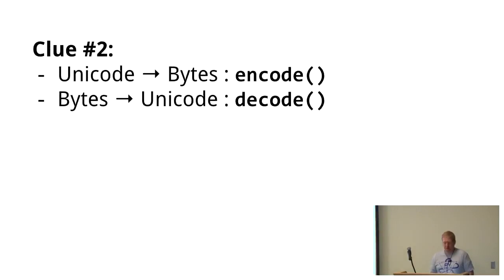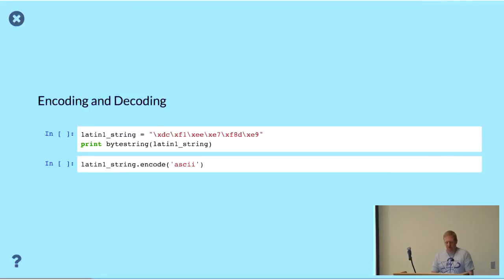So clue number 2 in our mystery. The process of converting from Unicode to bytes is called encoding, and the process of transforming bytes into Unicode is decoding. I get this confused all the time. I might even say it wrong during this presentation, but remember that. This was another big sticking point for me that once I realized it made understanding this all a lot better.